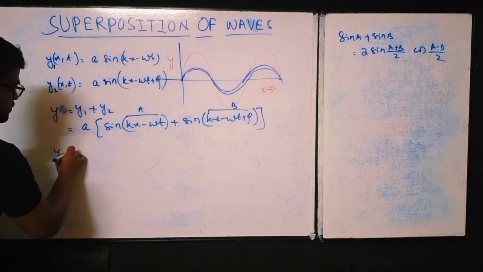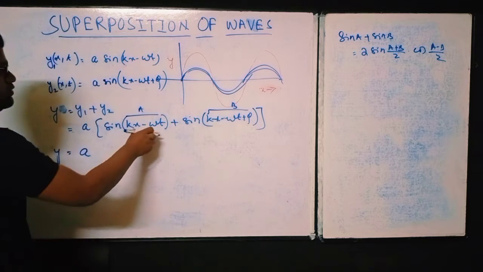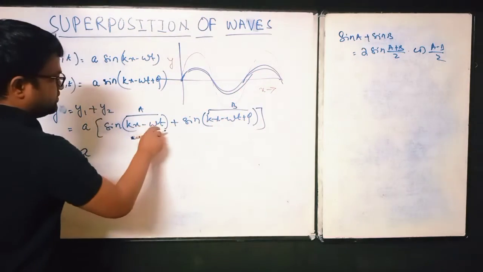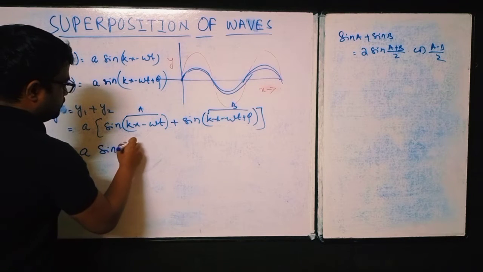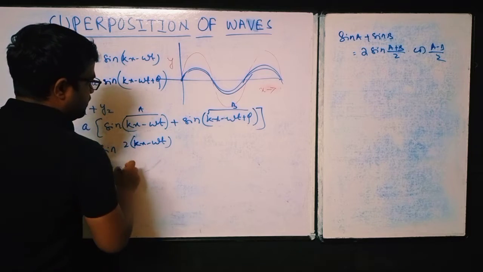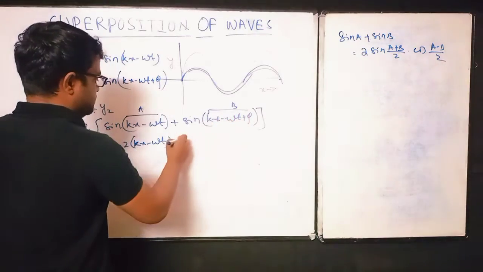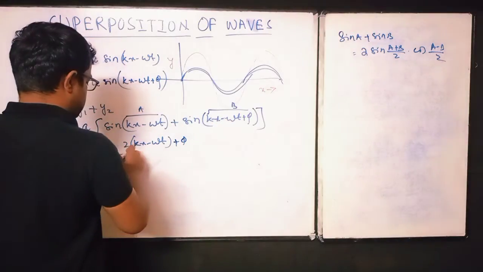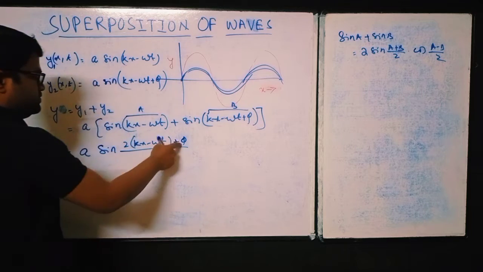So y is equal to a, and you can use (A plus B) by 2, so kx minus omega t, kx minus omega t, so 2 times kx minus omega t, plus phi, by 2.